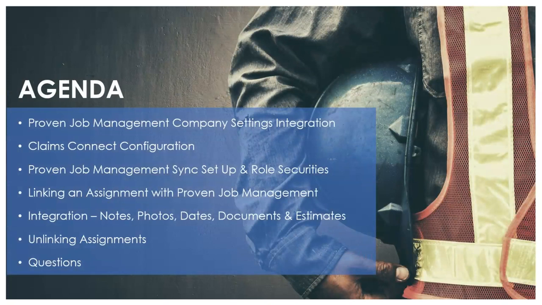For our agenda today on our Phase 2 integration, we will be reviewing the following: Proven Job Management Company Settings integration, our Claims Connect configuration, our Proven Job Management Sync setup, which also includes our new Phase 3 integration, and our job role securities, linking an assignment with Proven Job Management, the integration of notes, photos, dates, documents, and estimates, and finally, unlinking assignments.